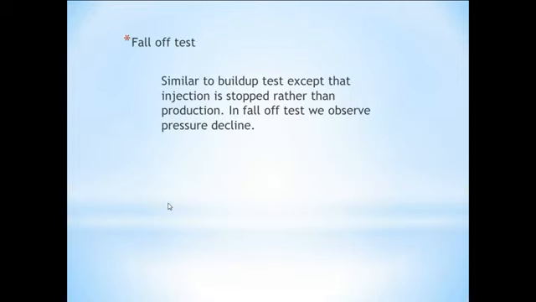In the fall off test, we stop the injection and observe the pressure decline. So it is similar to the build-up test, but the input is basically the alteration in the injection rate, and in this particular case it is dropping the injection rate to 0.